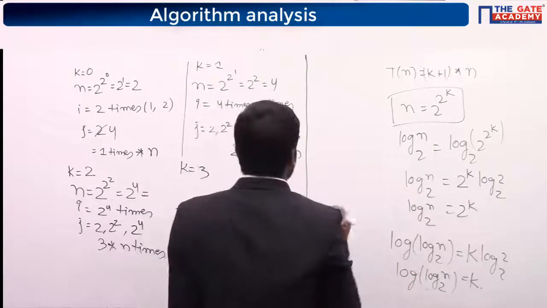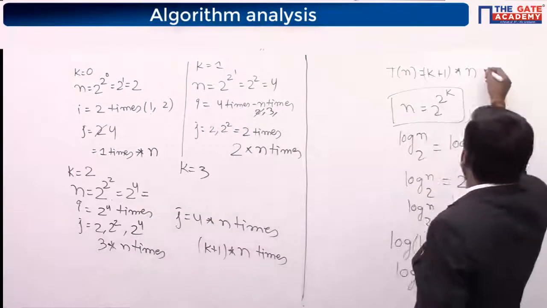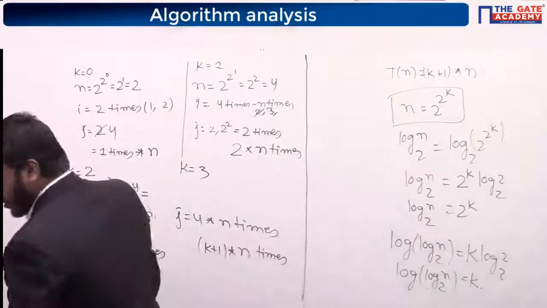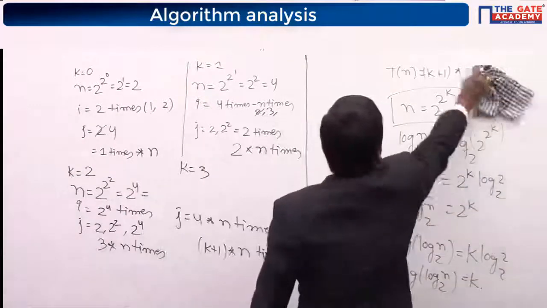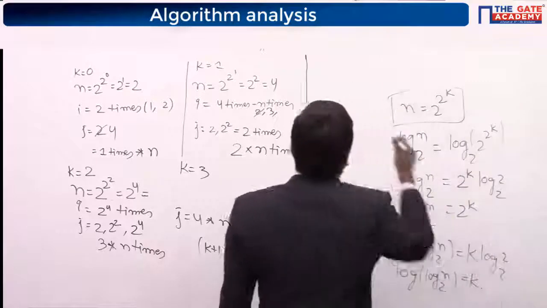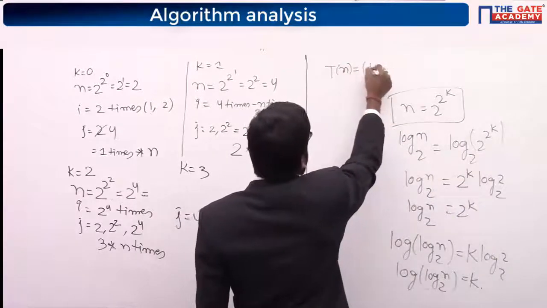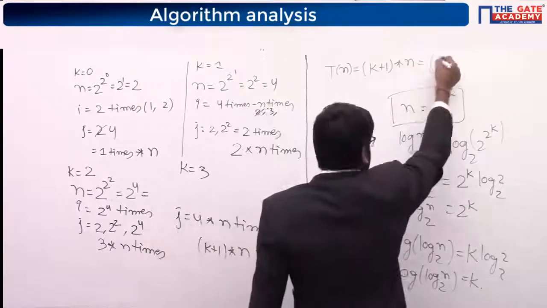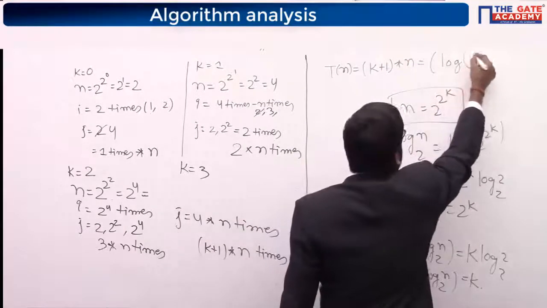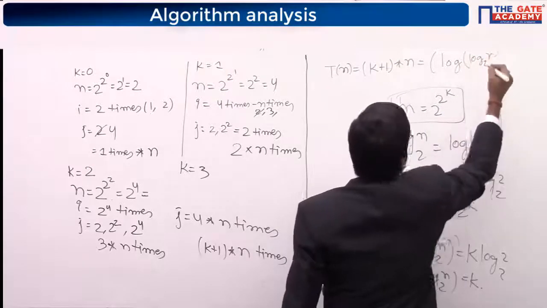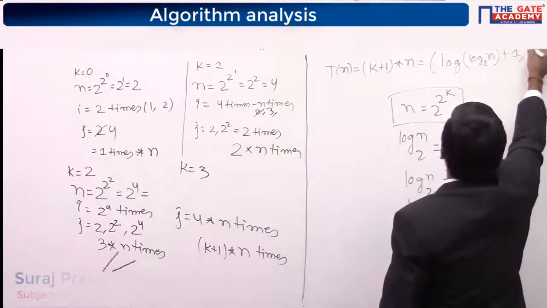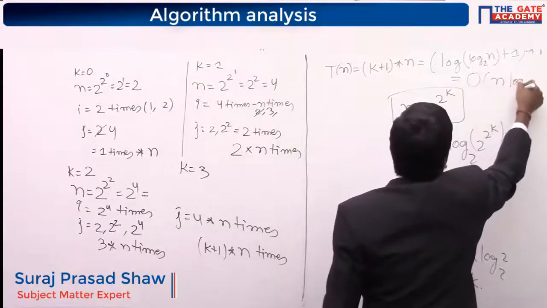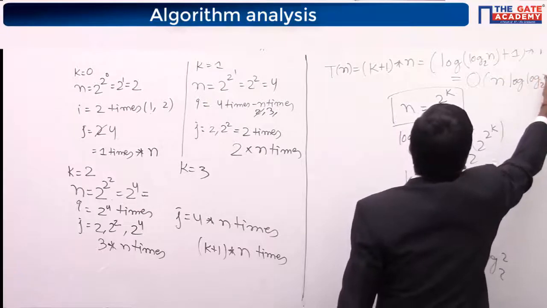So time complexity is going to be T(n) equal to (k plus 1) n. So your k is log of log n base 2, plus 1, into n. So in Big O we can take n log log n.